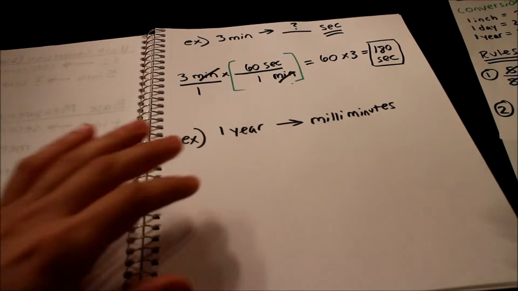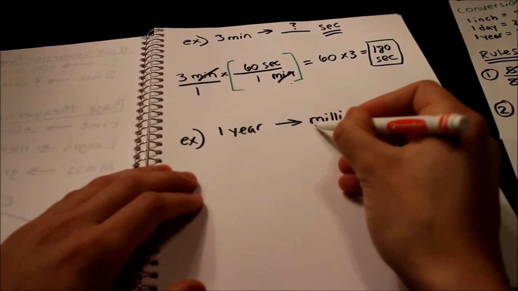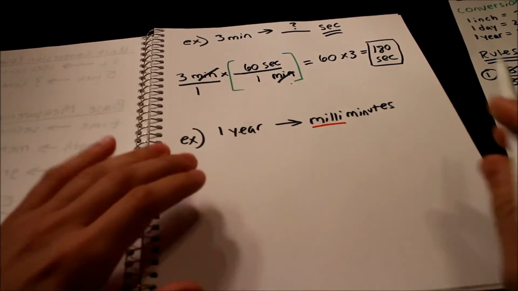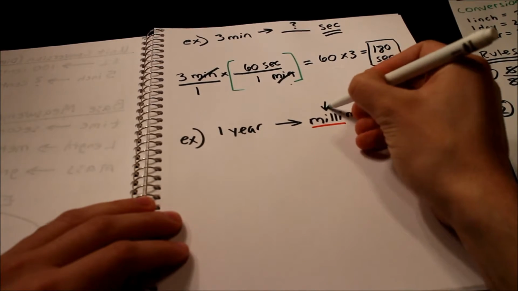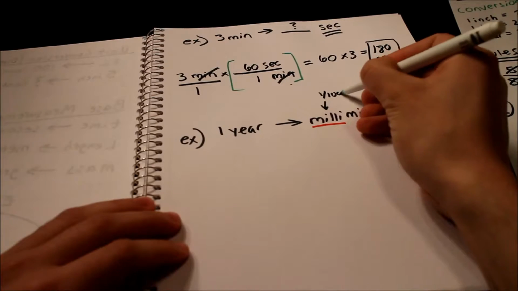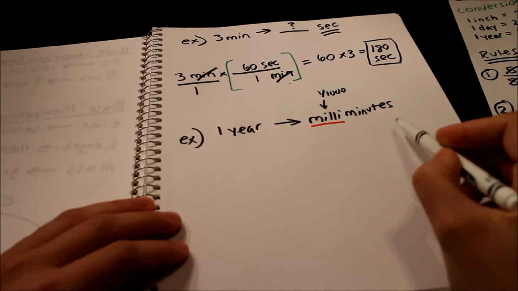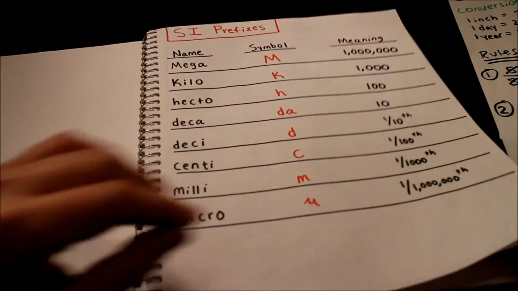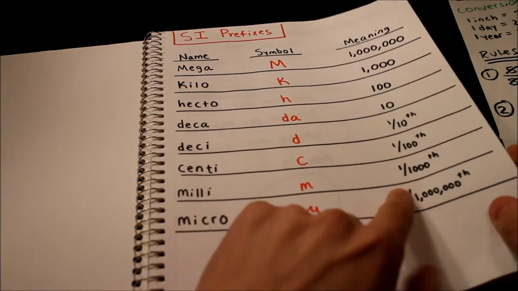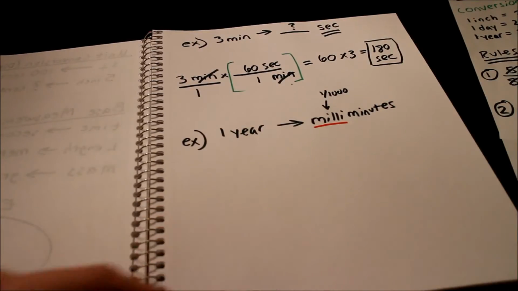So what does this mean? That is a prefix, right? Milli. And if we remember from our table, milli means 1 out of 1,000, right? So how many thousandths of a minute are in a year? Remember the table. 1 out of 1,000. It could have been written with the lowercase m.